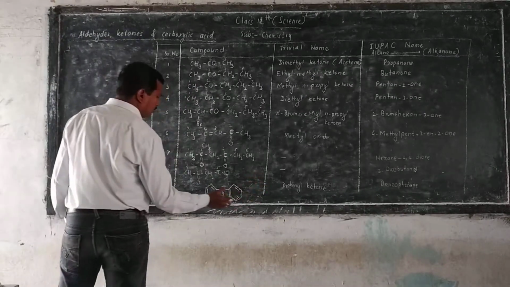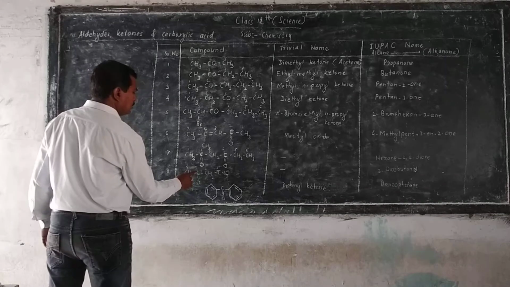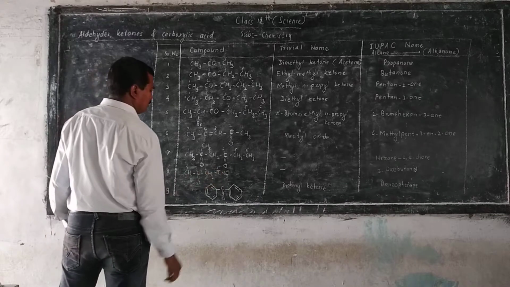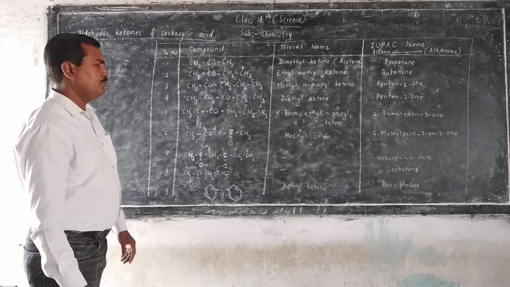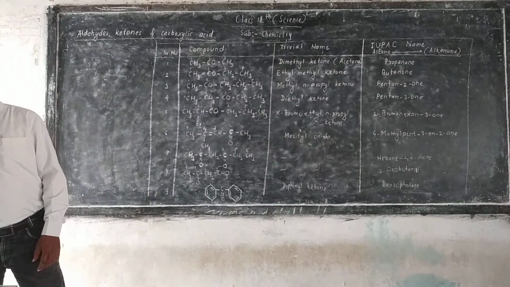Here 2 functional groups are present, aldehyde and ketone. So it is 3-oxobutanal. And last, benzophenone. Benzophenone.